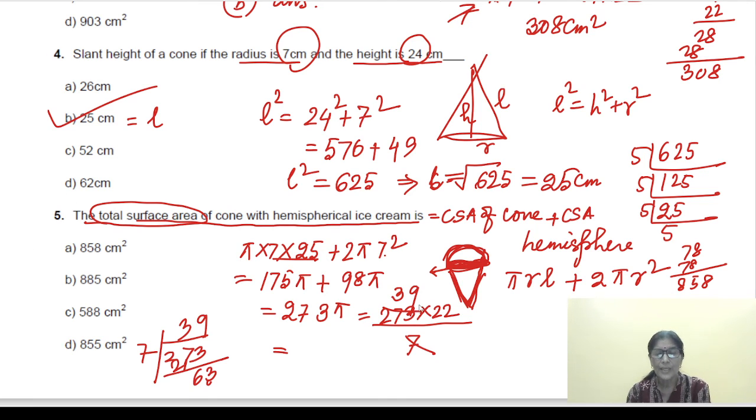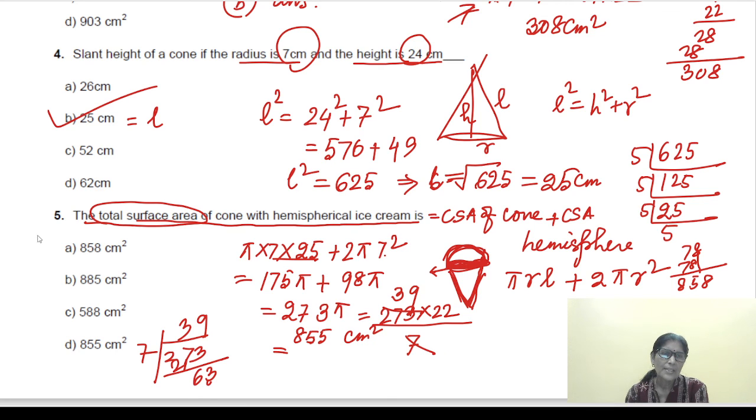Or you can do it again, take time to do it correctly. If I multiply 2 with 39, I'll get 78, again 78, so 8 plus 5 into 8, 858 centimeter square.